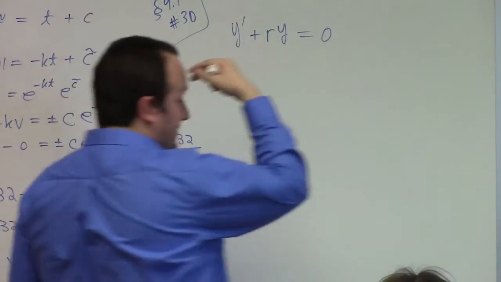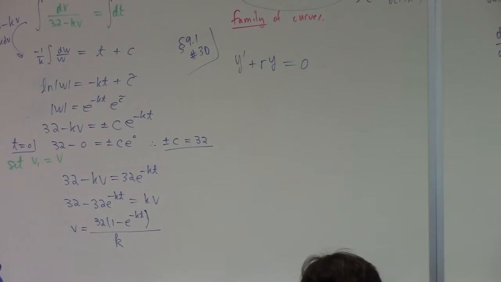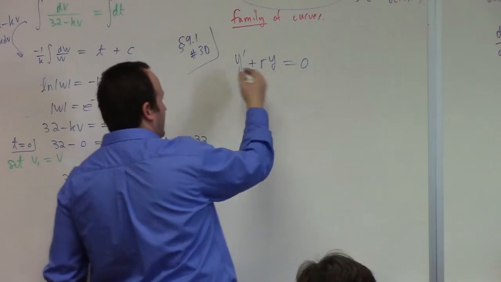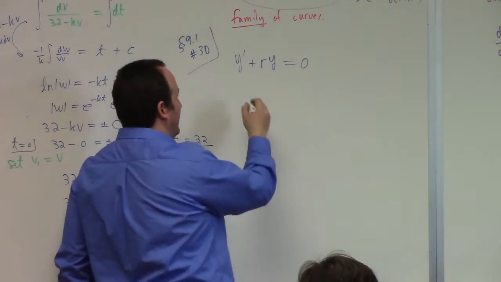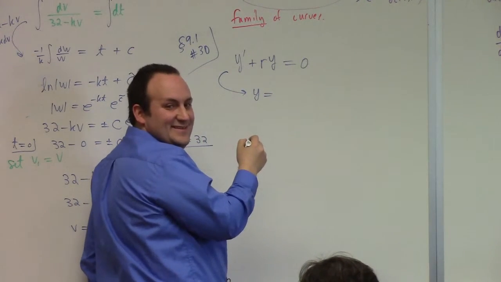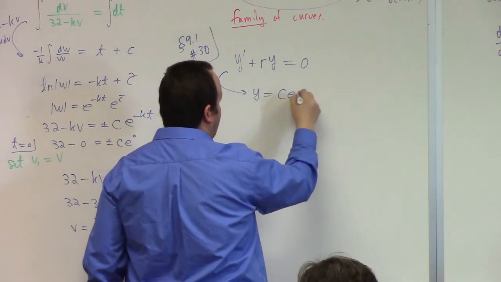It's all about analyzing the solutions to this. Again, the solutions are so simple that once you find them, I think really a sentence or two will do. First of all, let's solve it. So you solve it with the integrating factor technique, what do you get? Well, it depends on what part we're talking about. But I think generally we get y equals c e to the minus rx, right?